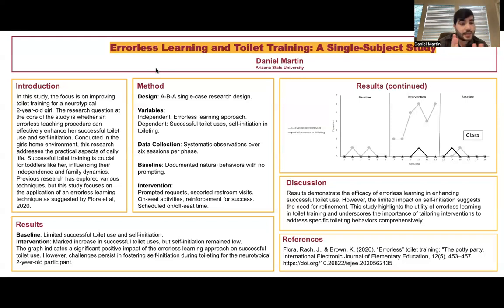Like I said, I used an ABA design for the project, and my independent variable was the errorless learning procedure, to teach two behaviors, which would be my dependent variables: successful toilet uses and self-initiation in toileting. Now, for data collection, I took frequency data based on my observations.